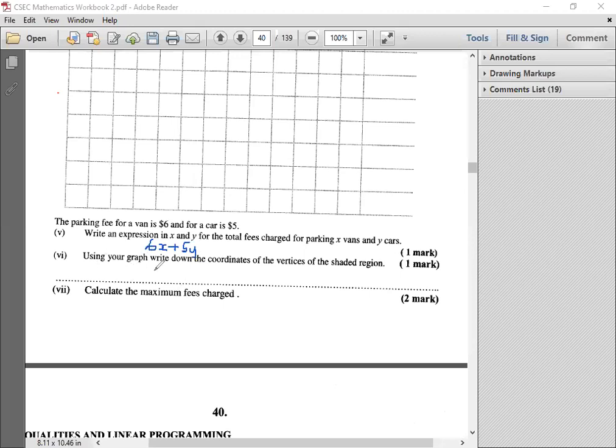Using the graph, write down the coordinates of the vertices, and you can tell me if what I have is incorrect. I have 5, 10. I have 20, 40.